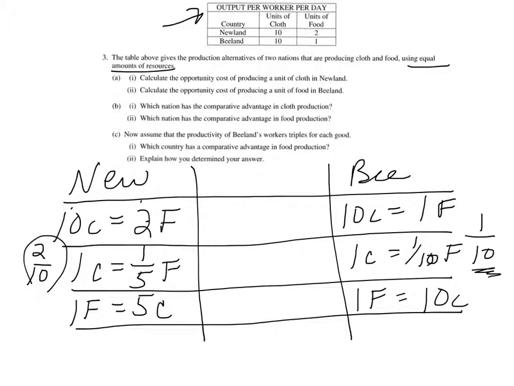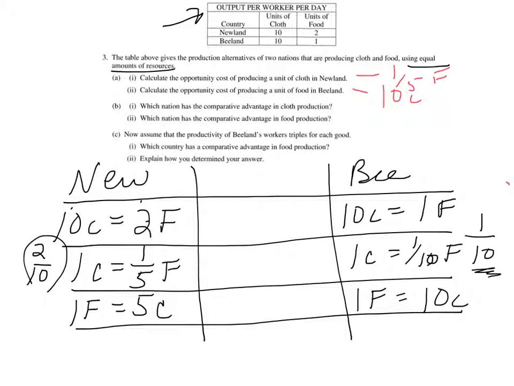So now let's figure out comparative advantage. I've got the opportunity cost of a unit of cloth in Newland is 1/5 a unit of food. The opportunity cost of producing a unit of food in Beeland is 10 units of cloth.